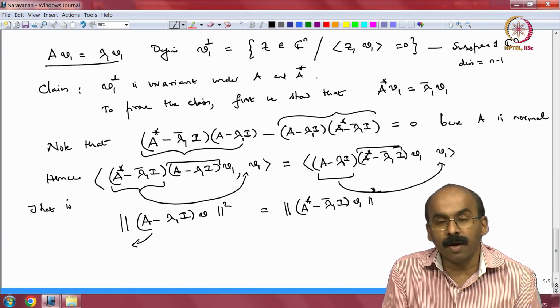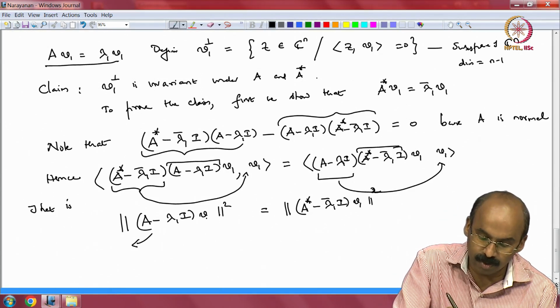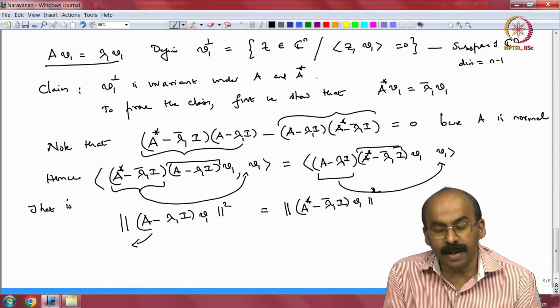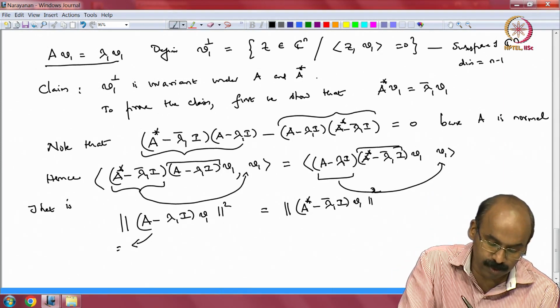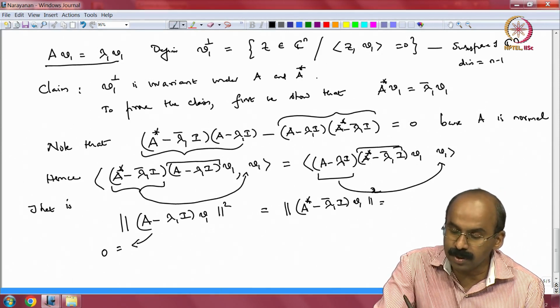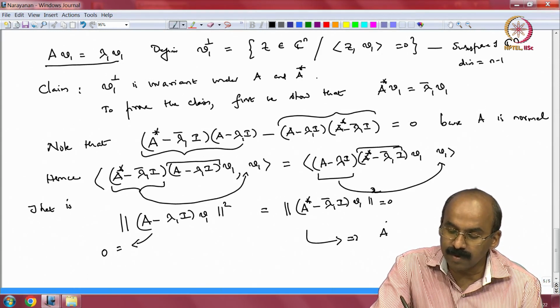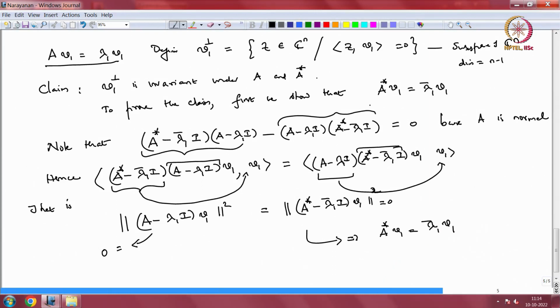Okay. Well, what do we know about this guy? A minus lambda 1 I, oh, I should say V1, sorry. V1 is an eigenvector for A with eigenvalue lambda 1. So, this is equal to 0, okay. Hence, this is equal to 0, but this implies that A star V1 equals lambda 1 bar V1, right, and that is what we wanted to show.